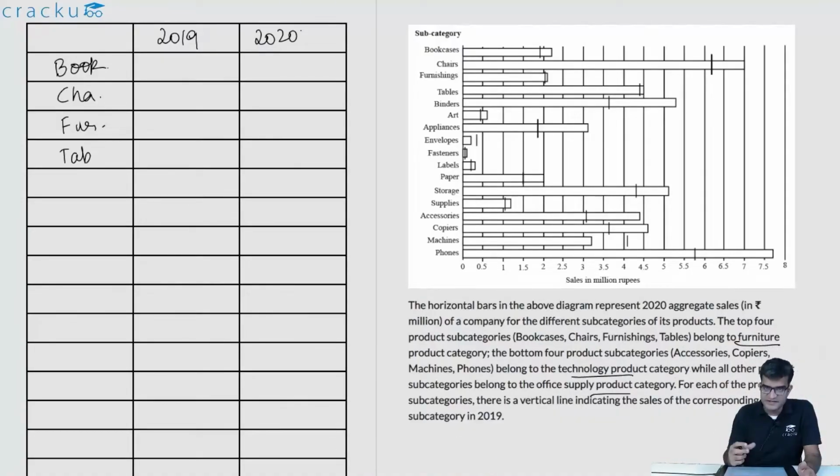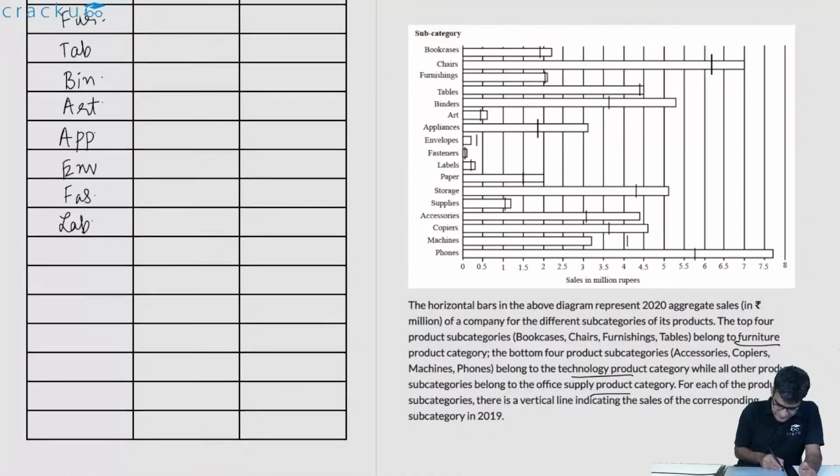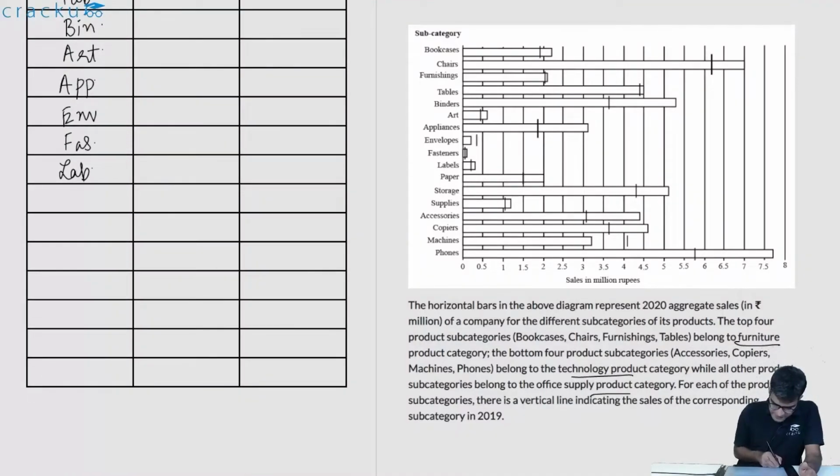The remaining ones in the middle come under the office supplies. This is binders, BIN. Then art, ART. Appliances, APP. Envelopes, ENV. Fasteners, FAS. Labels, LAB. Paper, PAP.